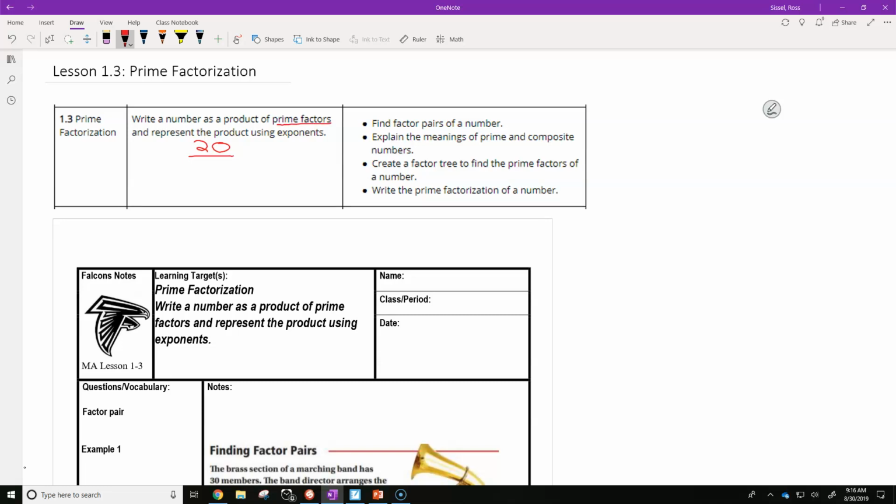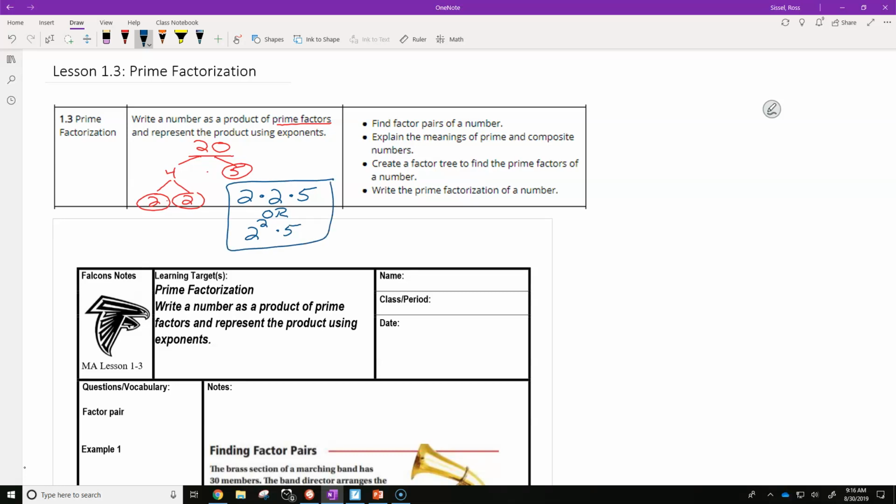To do that, today you have to show me that you know how to go 4 times 5. That's a prime number. 4 becomes 2 times 2. That's a prime number. That's a prime number. So 2 times 2 times 5, or 2 squared times 5.